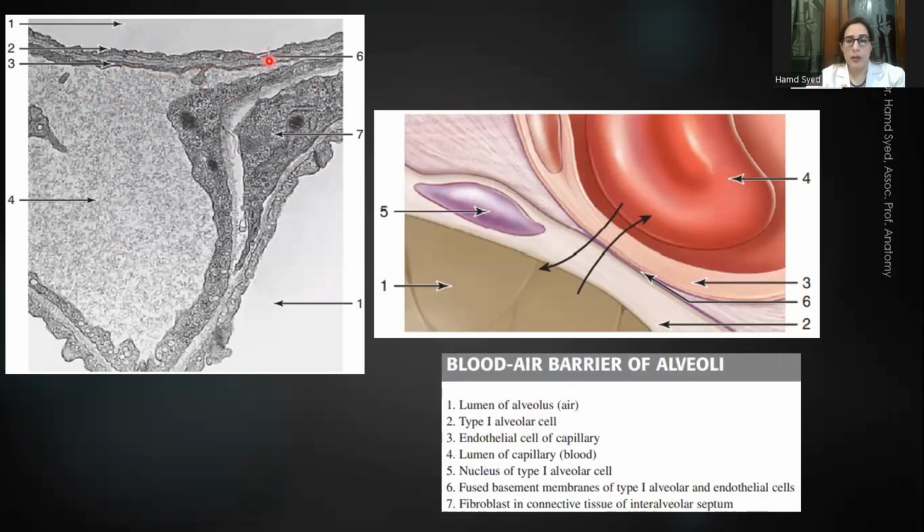And between them are their fused basal laminae. And this now collectively forms the respiratory membrane or the blood-air barrier. And here number 4 is simply the lumen of the capillary blood. Okay, and number 7 is the fibroblast present in the connective tissue of the interalveolar septum.